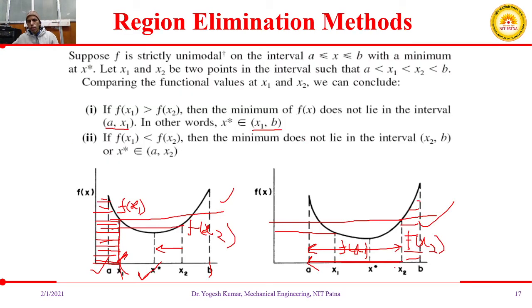Suppose we take some initial value x0 in this function, and we move by delta in both directions, to the right side and the left side. So the value on one side will be x0 minus delta, and on the other side it will be x0 plus delta.